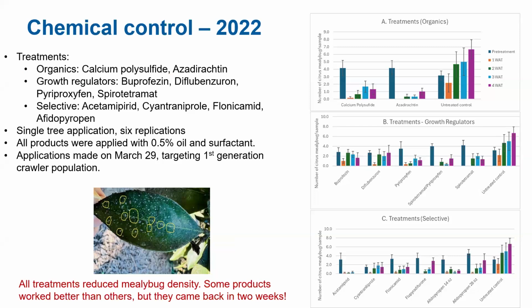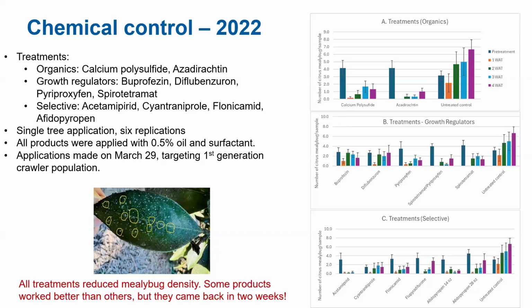So let's talk about chemical control. When we started this work in 2022, we didn't know anything about what products work against citrus mealybug. We didn't have any efficacy data. The only product that UC IPM guidelines had was Movento. So our playing field was wide, and we wanted to know, of all the products that are registered on citrus, which one works and which one doesn't.